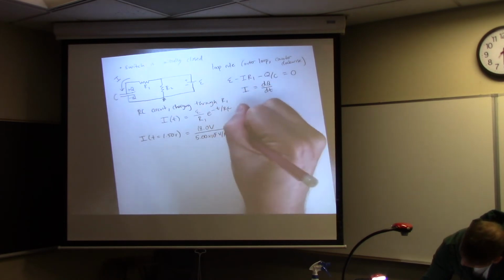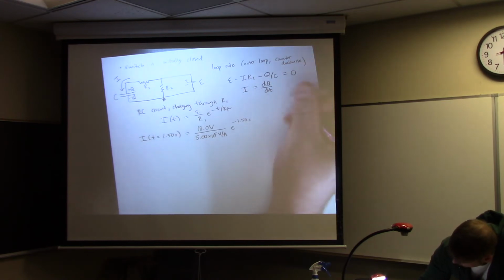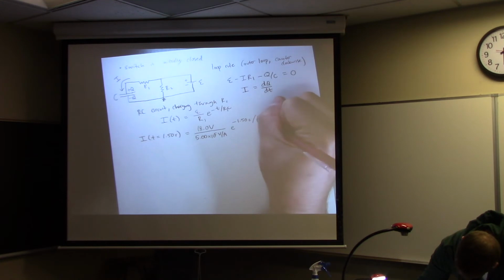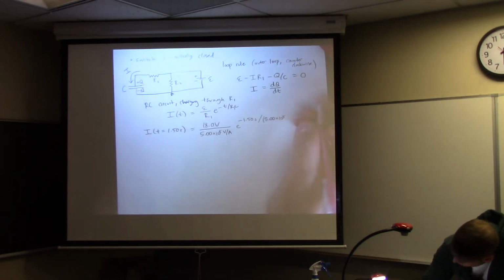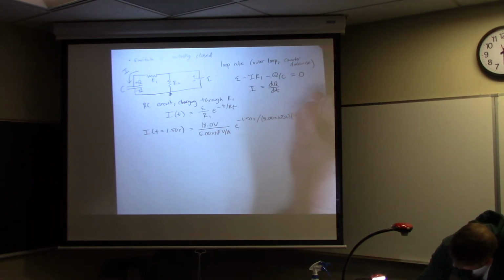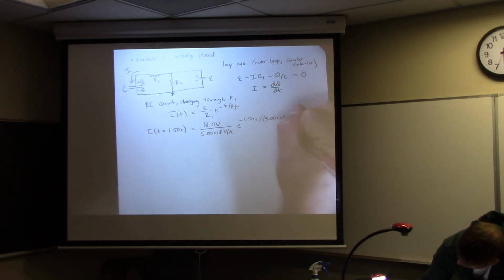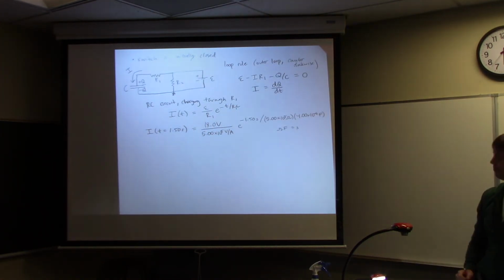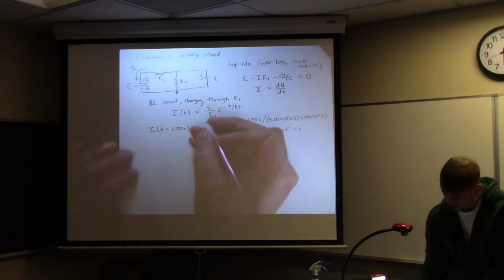And then we have e to the minus, the time is 1.5 seconds, and then we'll divide out 5.00 times 10 to the 5, that's my R value, R1, ohms, and then C, in this case, was 4 microfarads, 4 times 10 to the minus 6 farads. And just to take note of the units here, remember an ohm times a farad equals a second. So we don't have any units up in the exponent, which should be the case.